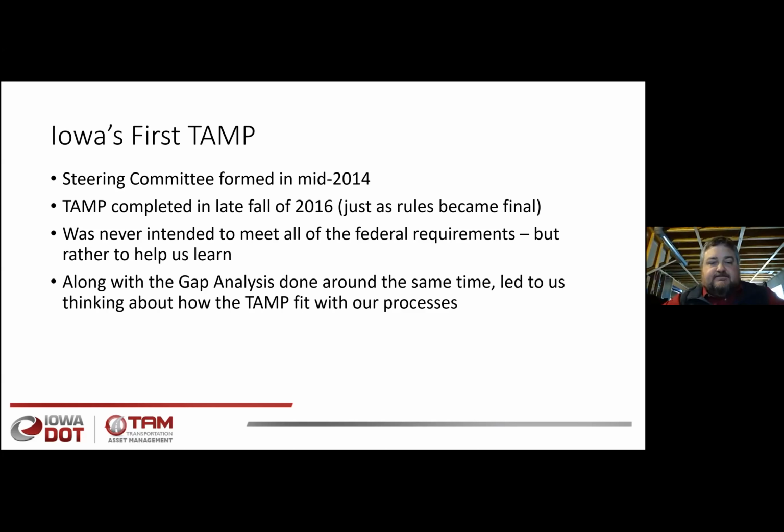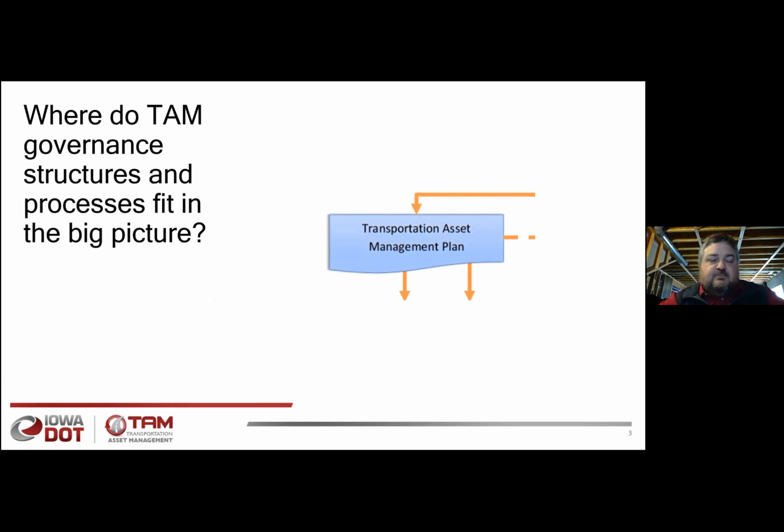And so along with the gap analysis that was done around the same time, it led us to think about how the TAMP should fit in with our overall processes, and I had the opportunity to sit down with a group of really smart folks in our agency and start to sketch this out a little bit.